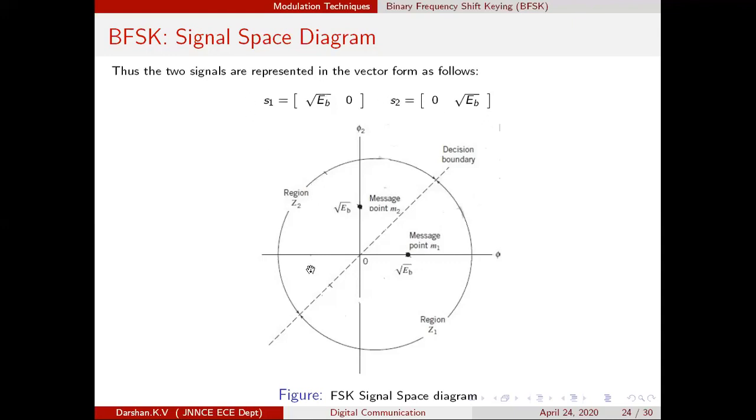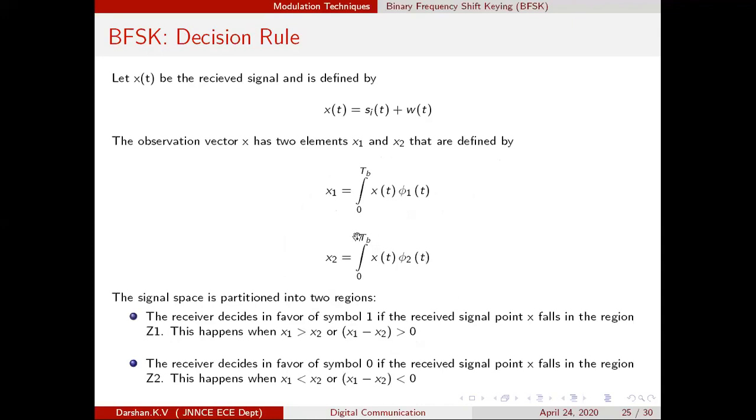Ideally, the received signal should fall in the region Z2, but because of the noise, the received signal happens to fall in the region Z1. So what is the characteristic of the region Z1? The characteristic of region Z1 is x1 minus x2 greater than 0.